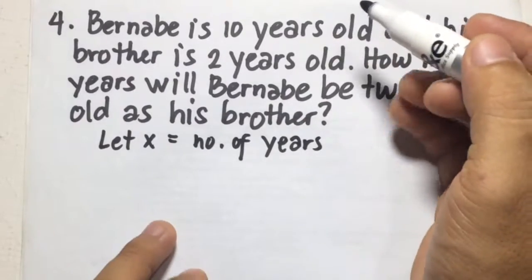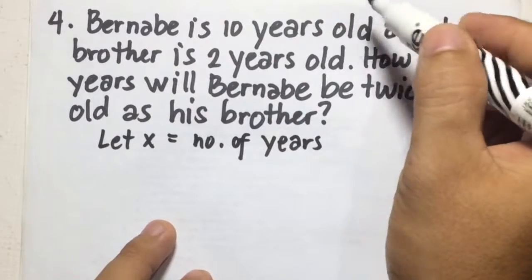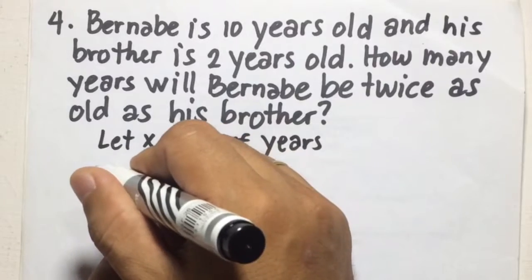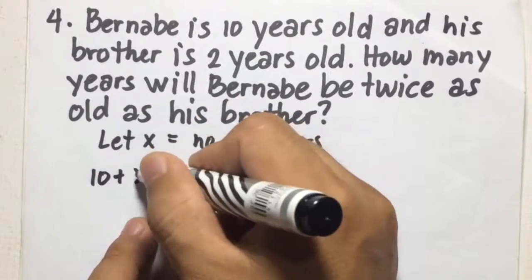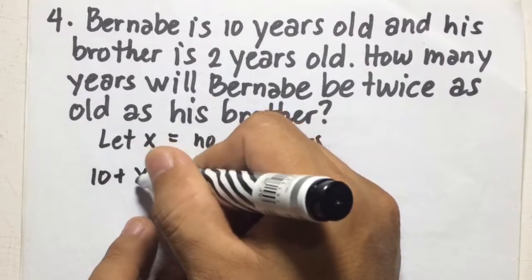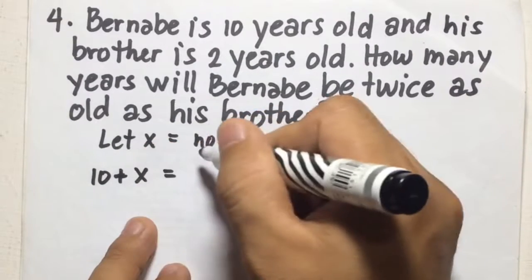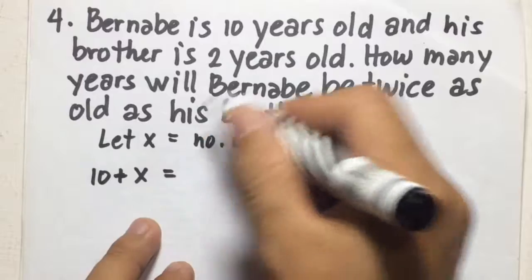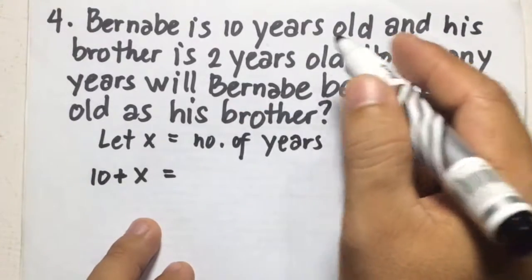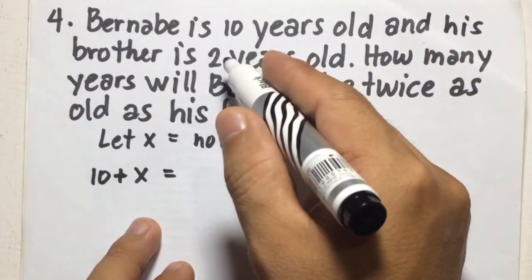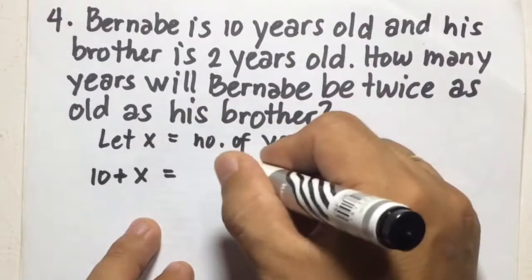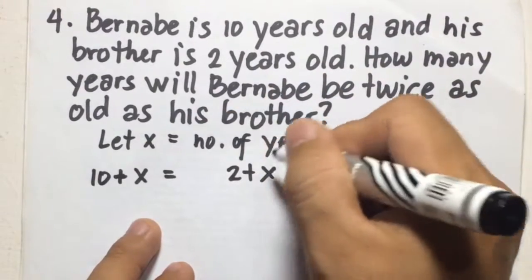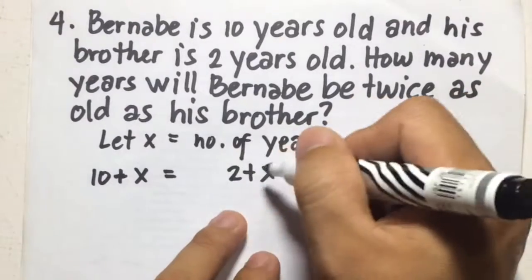And Bernabe here is 10 years old, so we can have 10 plus x. So this will be the number of years that will make Bernabe twice as old as his brother. So his brother is 2, so plus the number of years x, so that will be 2 plus x.